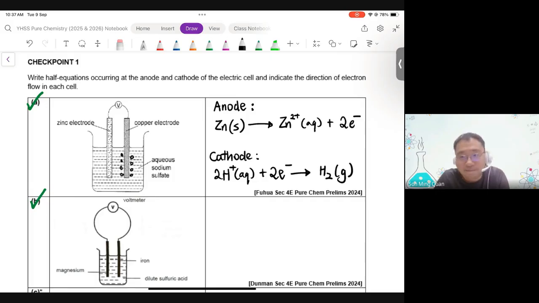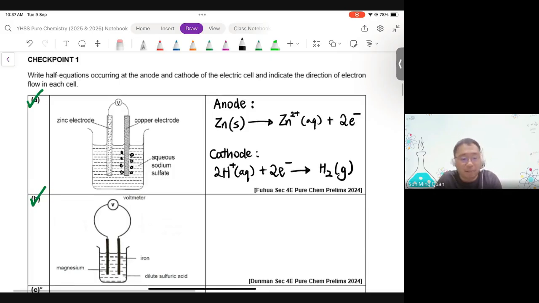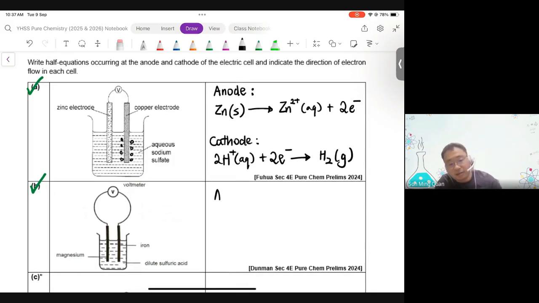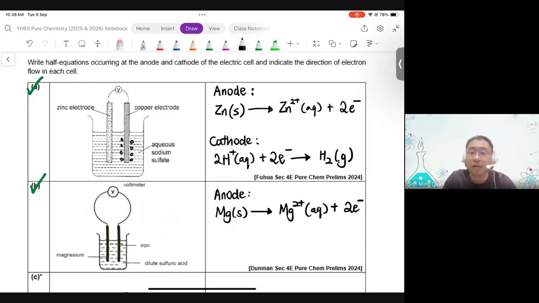Next, part B, magnesium and iron. Again, you decide which one is the more reactive metal. The more reactive is oxidized, so the more reactive metal is magnesium. Magnesium is oxidized by losing electrons to form Mg2+.